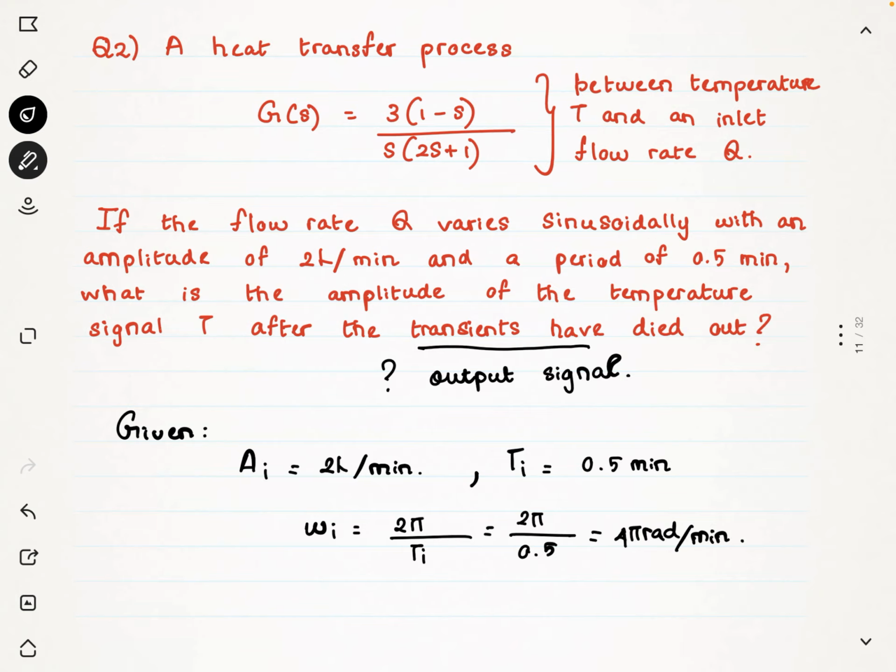So we have to compute the angular frequency before we can use it in our calculations. So now we know the amplitude of the input signal and the frequency of the input signal, and we know the transfer function G. So if you know the transfer function, the first thing we'll do is, so the transfer function is in terms of s.